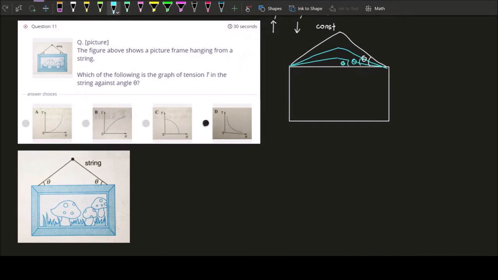So now imagine, if you want to create 0 degrees, it means you want the string to be perfectly horizontal. While you are hanging it on a nail, this is your nail, and you want a horizontal string, that means you have to pull the string really tight so that it won't cause a kink like this.